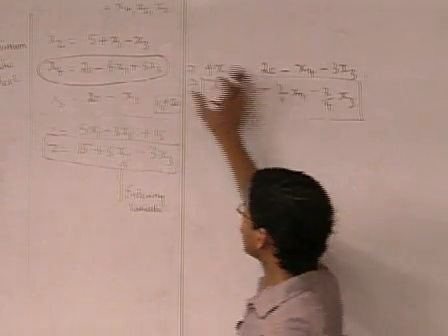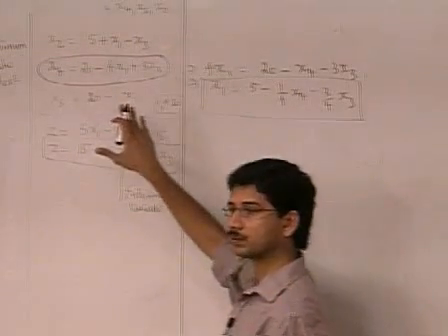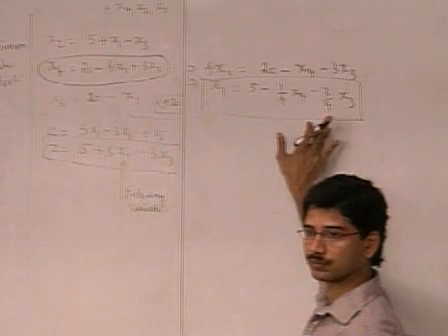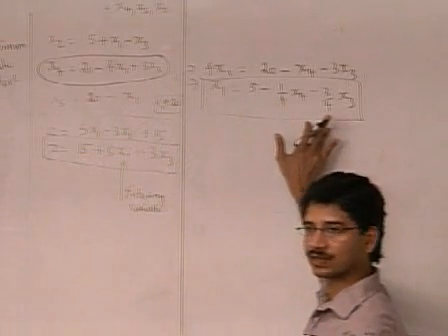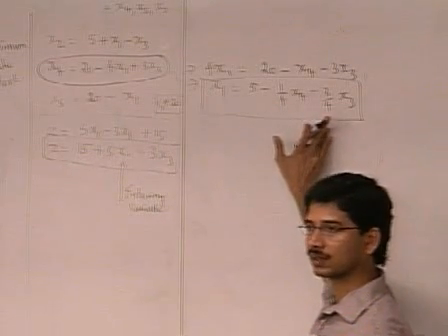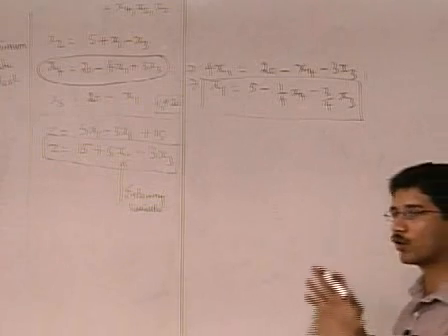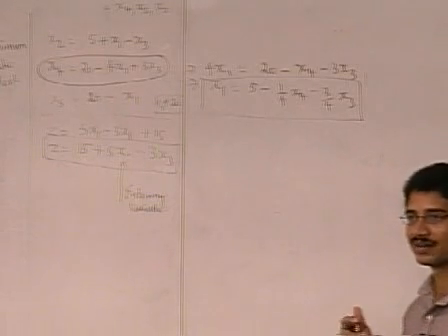Now I go back to the remaining equations in my old system. Wherever I see x1, I'm going to plug in this value. And then I get everything in the form that I like. Does everyone see this procedure? It's laborious, so I don't want to do this over and over again.